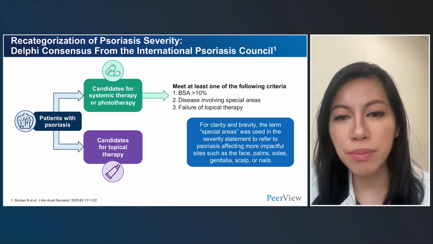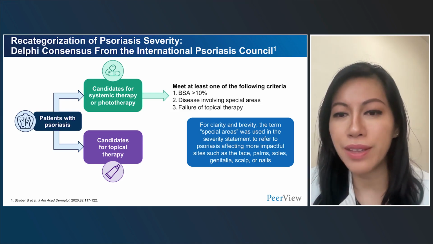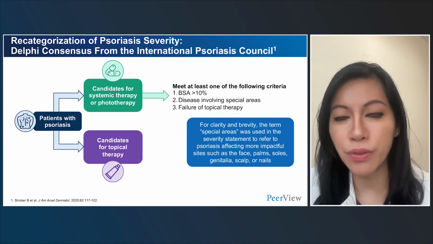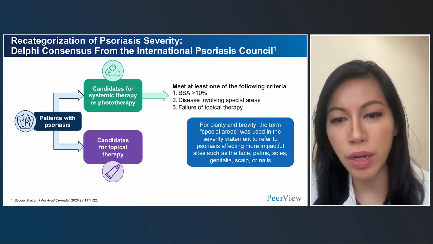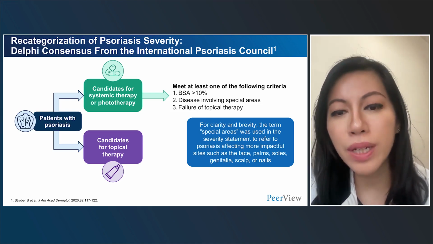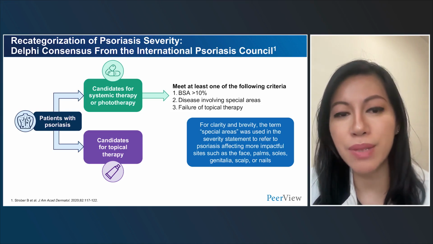Now, it's probably easier to think about patients as candidates for systemic therapy or phototherapy and what that entails. So, those are for patients who have body surface area 10% or more. And very importantly, the word is or, not and, or they may have disease involving high impact areas, sometimes called special areas.